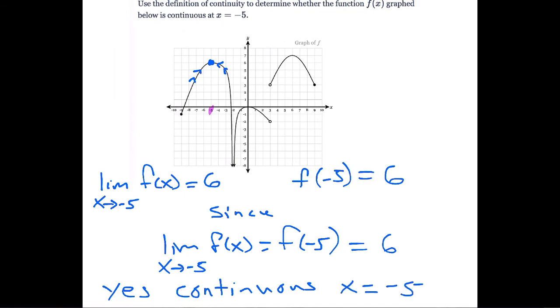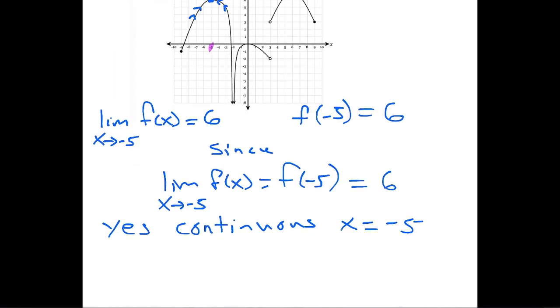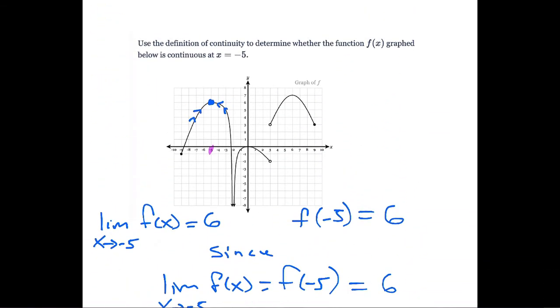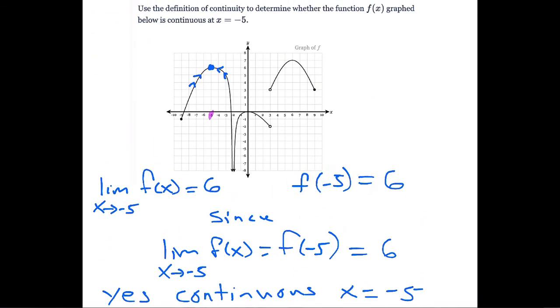So we have to check all three things. Does the limit exist? Does the function exist? And are they the same value? If you go through that, you should be good to go. Hope this makes sense. That's all the examples I had. Good luck.